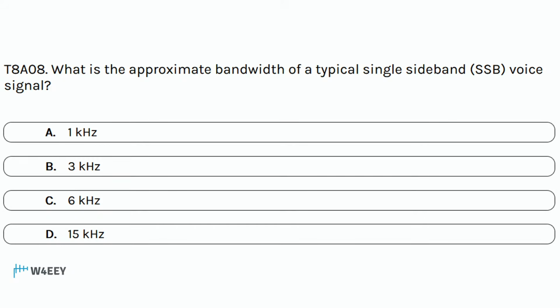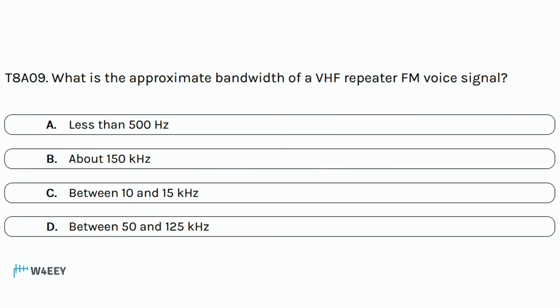Oh boy, I just answered that one. Bravo. Yep, 3 kilohertz. And what is the approximate bandwidth of a VHF repeater FM voice signal? Charlie. Yes, between 10 and 15 kilohertz. Very good, you're doing great.